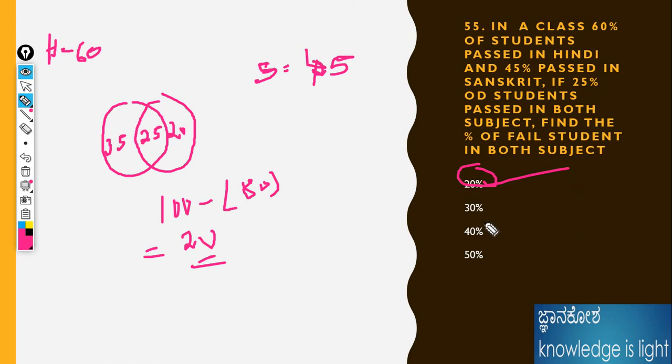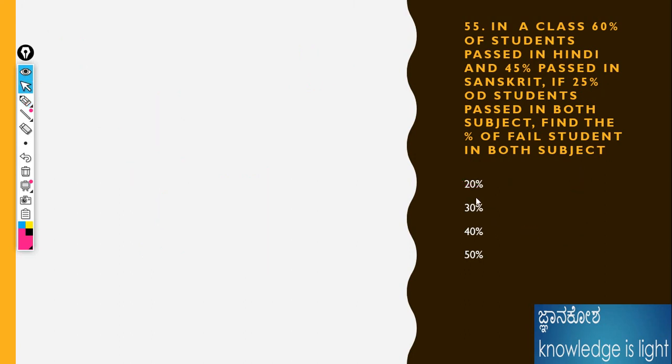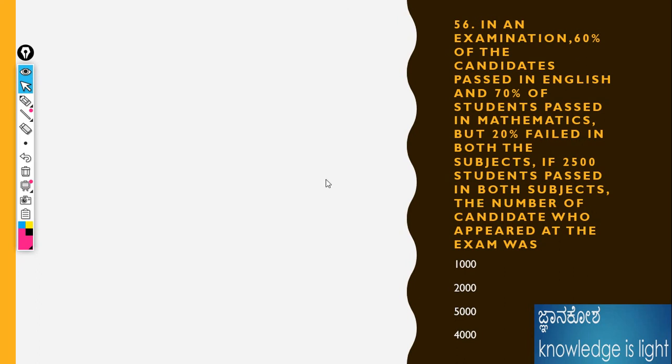Okay, I will take one last example and wind up this session. Let's see the last problem. In an examination, 60% of the candidates passed in the English exam, and 70% passed in mathematics.